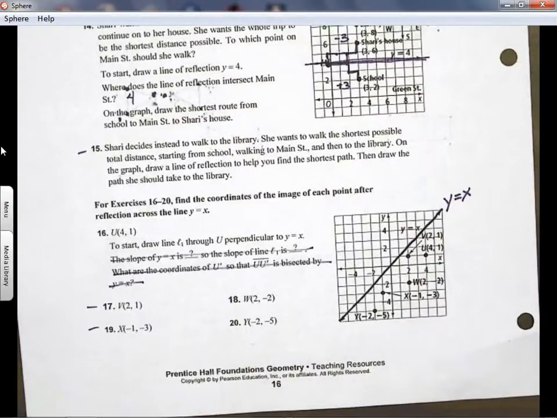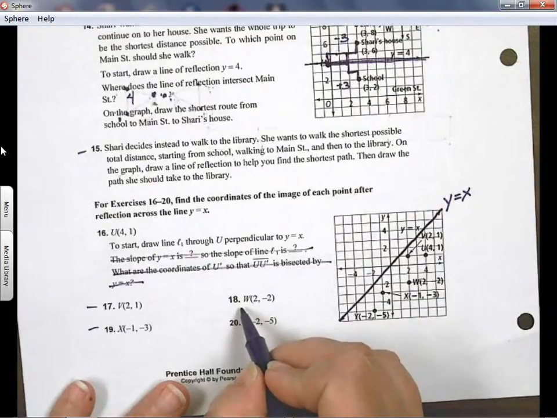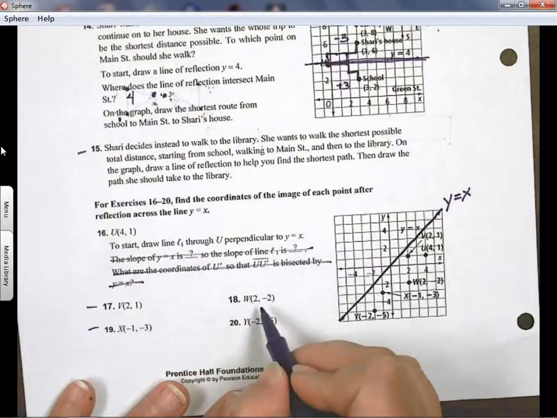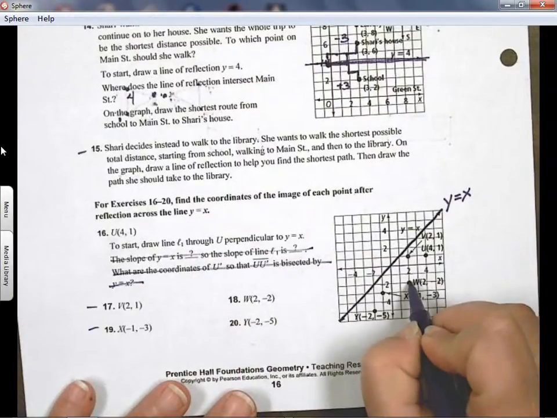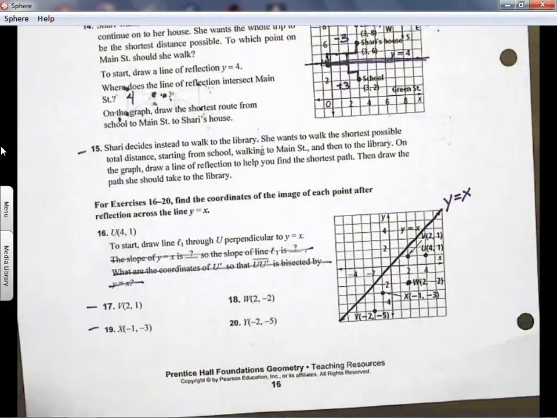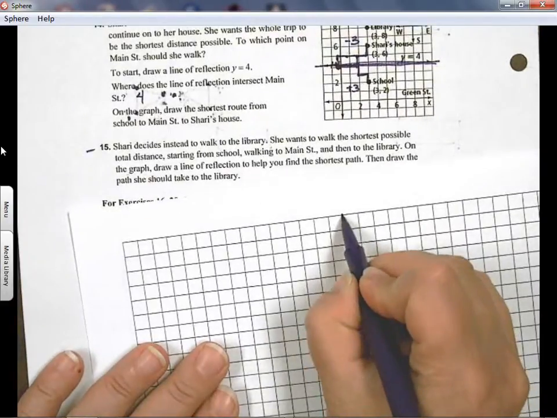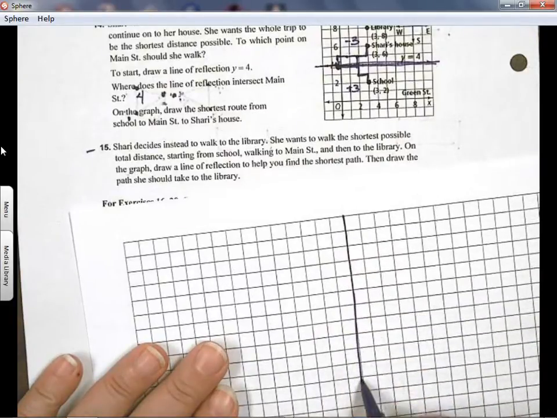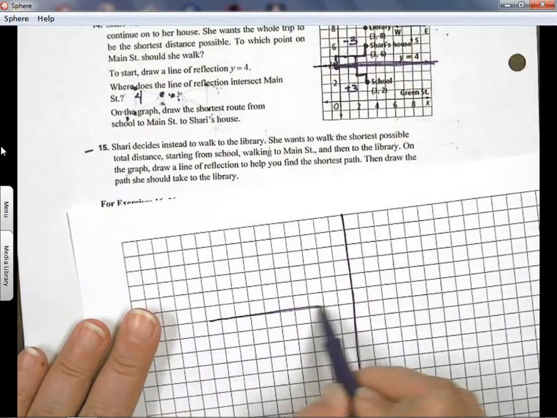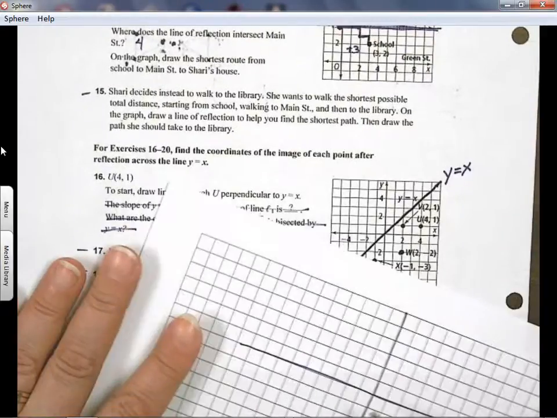When we look here at 18, they want to know is there an image reflected from W? Well, W is right here. Now I'm going to go ahead and copy this again on another piece of graph paper so you get the idea.